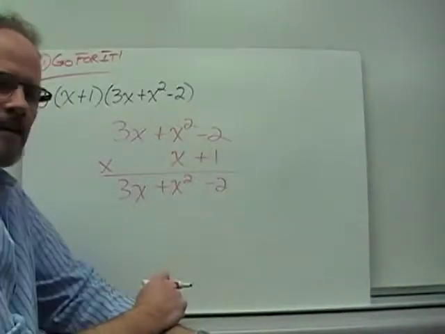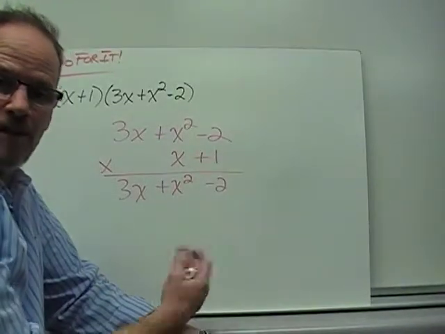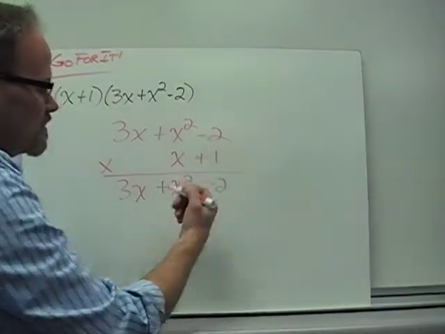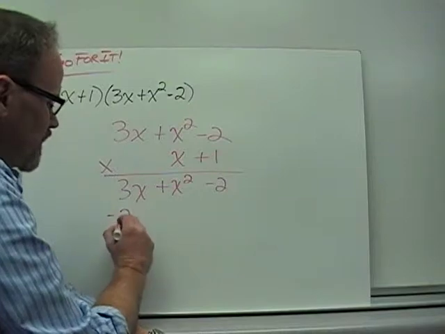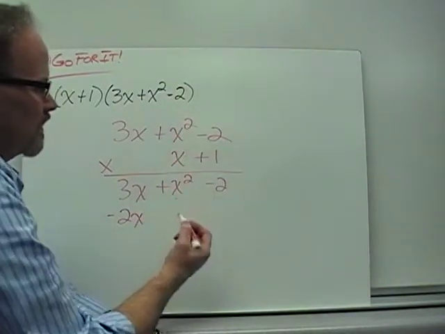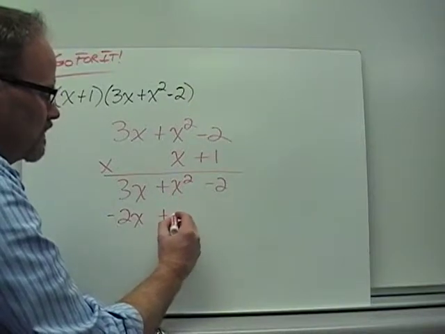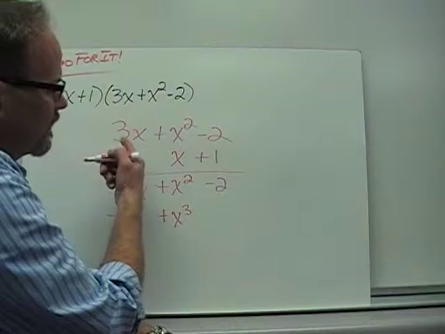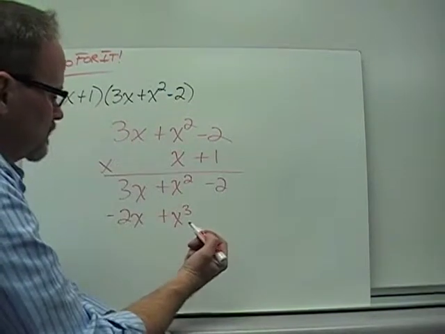Oh man, what did I forget to do? I forgot to put it in standard form. You know what? I'm going to switch it around at the last part. X times negative 2 is a negative 2x. See how I'm lining up the like terms? X times an x squared is a positive x to the 3rd power now. And x times 3x.